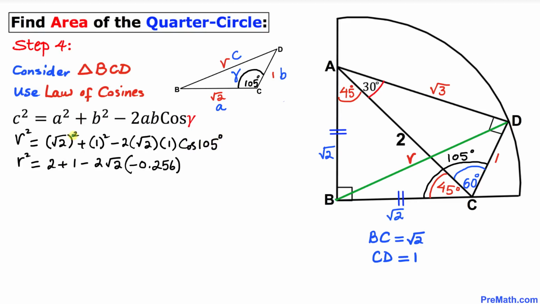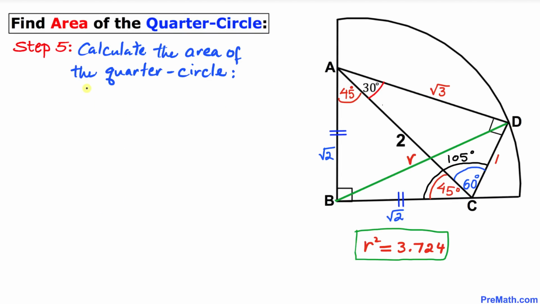In this next step, the square of the square root turns out to be 2, and 1 squared is 1, and cosine of 105 degrees is approximately negative 0.256. After simplifying each and every step, our r squared turns out to be 3.724.